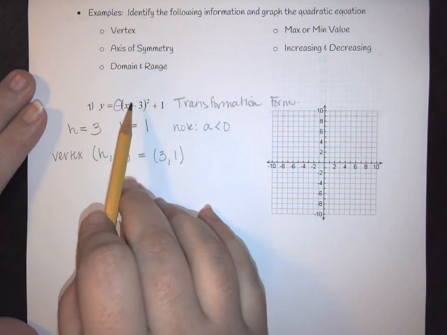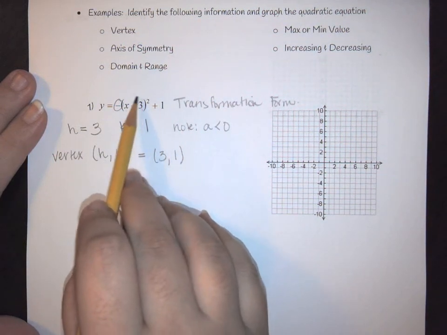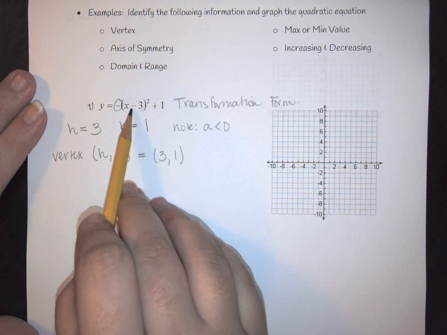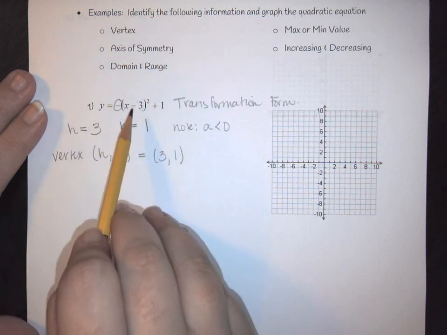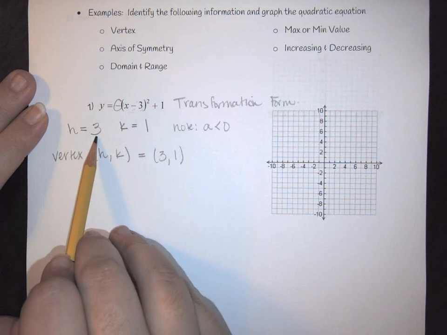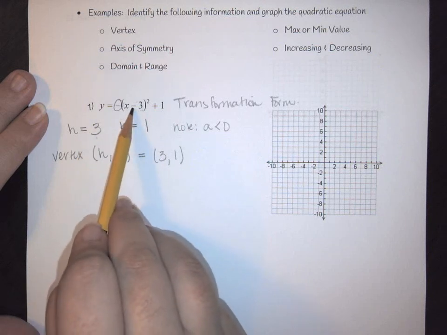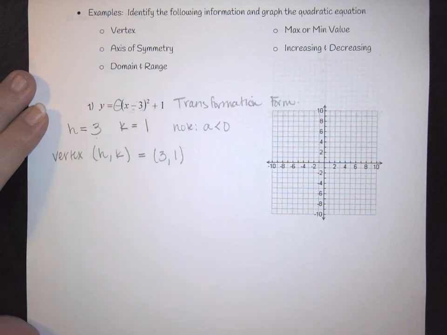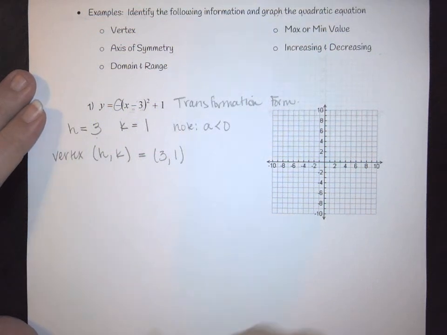I didn't. When we're identifying the h value out of your parenthesis here, it's actually the opposite of what you see. So because my parenthesis was x minus 3, that dictates that h was positive. If this was a plus, then my h would be negative. Okay, so keep that in mind as you're working your problems.